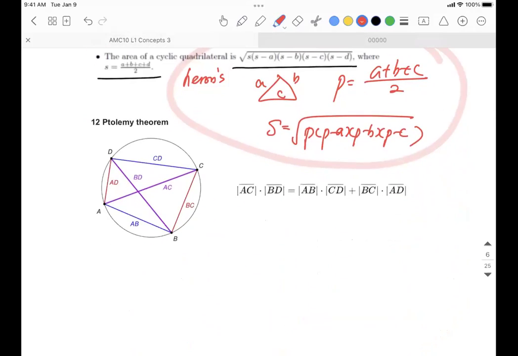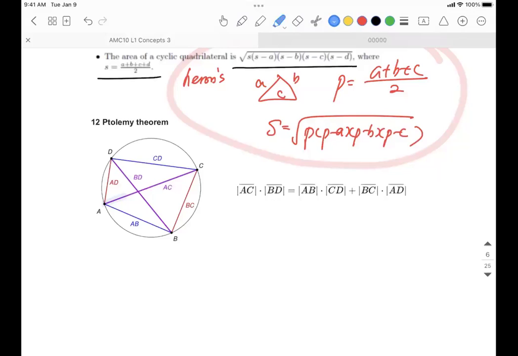The other one is the Ptolemy theorem, right? As long as you have a quadrilateral that is cyclic, then you will have the Ptolemy theorem. Ptolemy theorem reveals the relationship between all the sides plus the diagonals for a cyclic quadrilateral. So it goes like this.